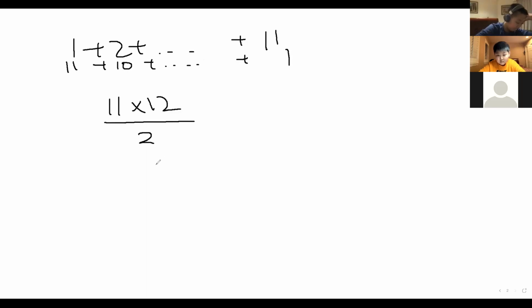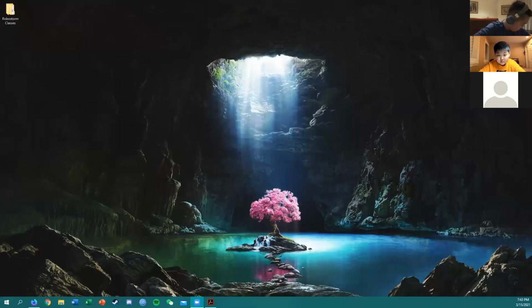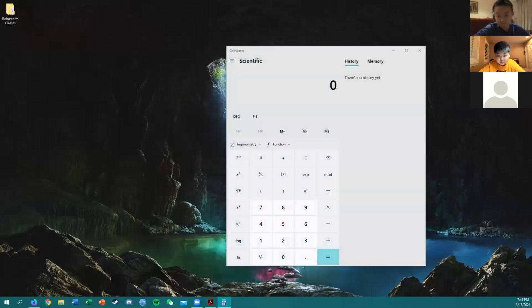And let's try dividing this by 2, right? So simplify, you get 66, right? And I can double check this. If I were to open a calculator, so 1 plus 2.